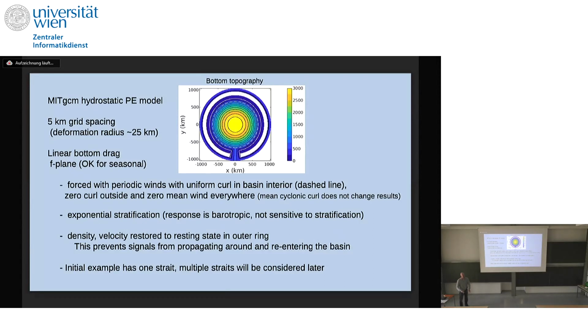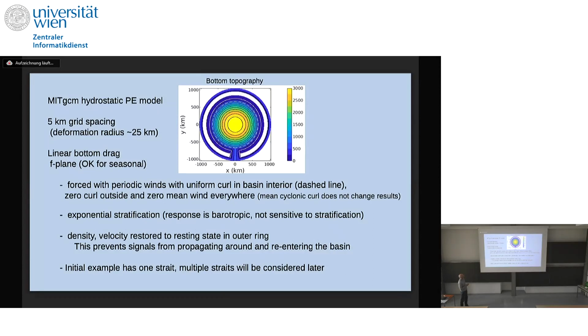So I'm pumping and sucking water in and out of the Ekman layer uniformly everywhere in the interior. Outside of the dashed line out here, the wind stress curl is 0. The wind stress isn't 0, but the curl is 0, so the Ekman transport is uniform. I have a shelf that runs around here. It's delineated by that solid white line. It goes out into this region out here.